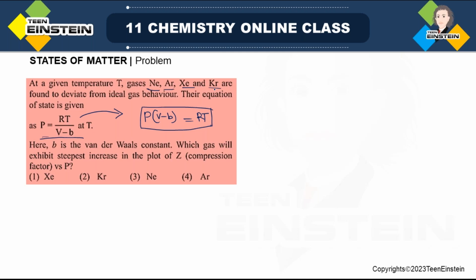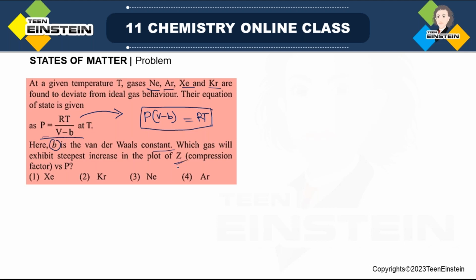Now what is the actual question? Here small b is the Van der Waals constant that we already know, and which gas will exhibit the steepest increase in the plot of Z versus P, that means compression factor versus P. So basically you have to draw the plot Z versus P.